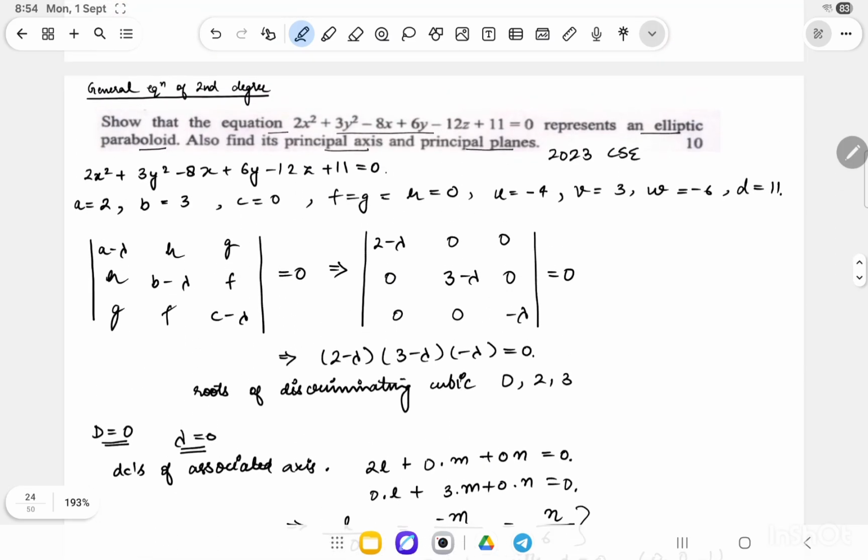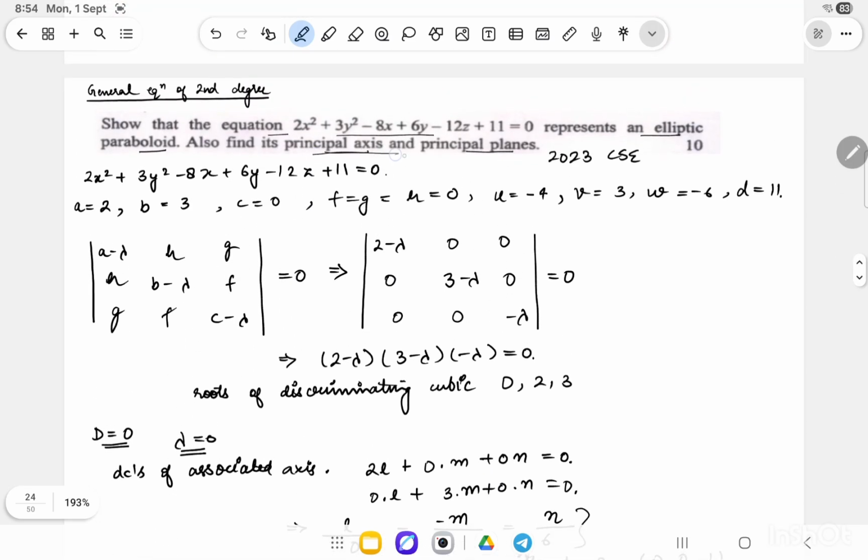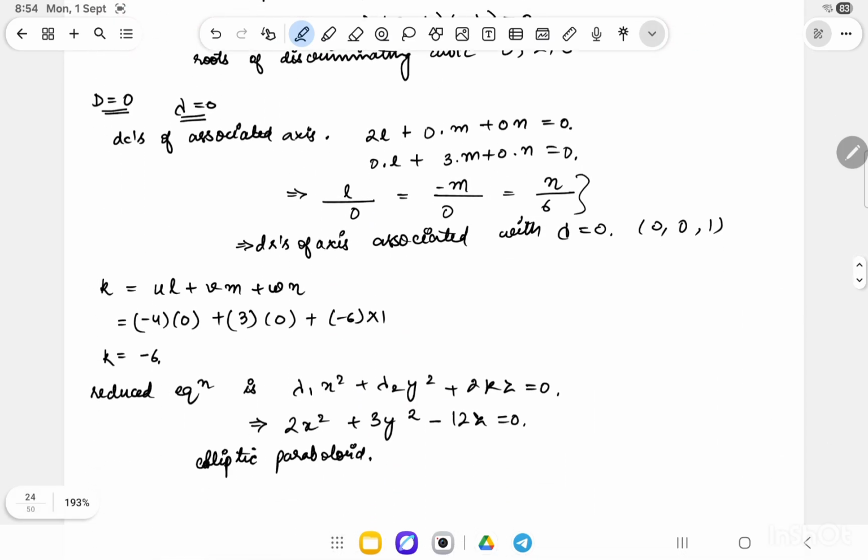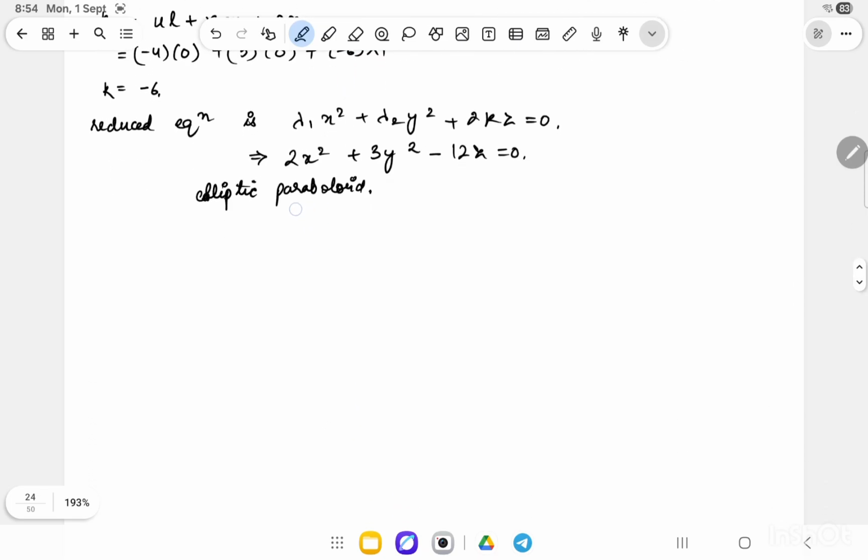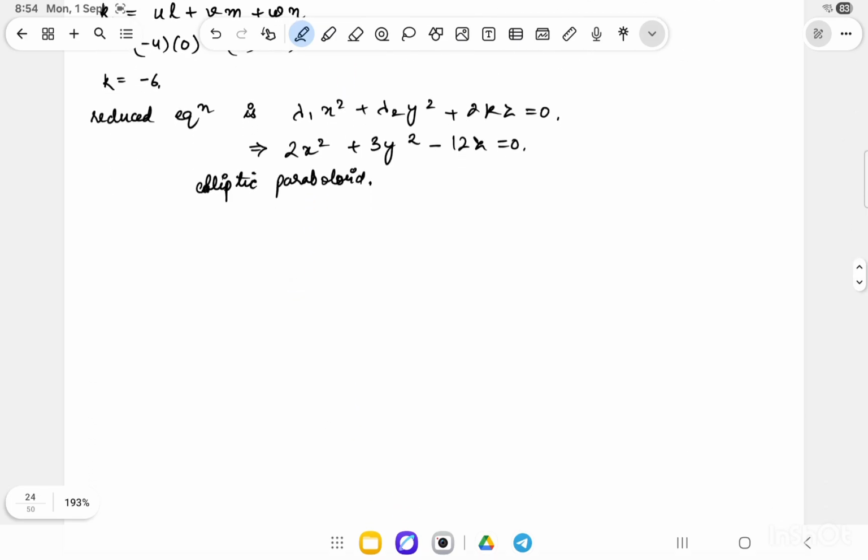And the question further asks us to find the principal axis and principal planes. Let's first find the vertex.